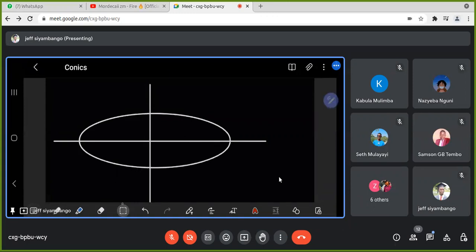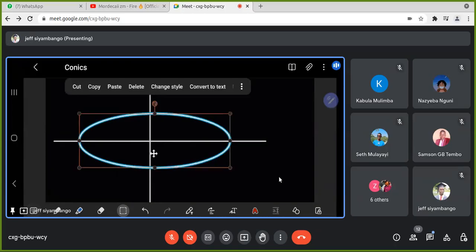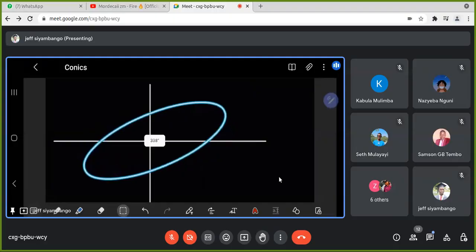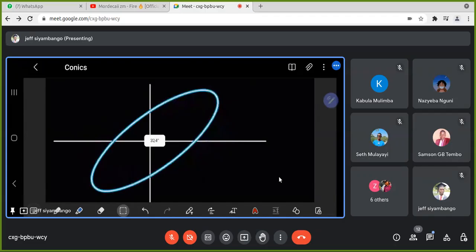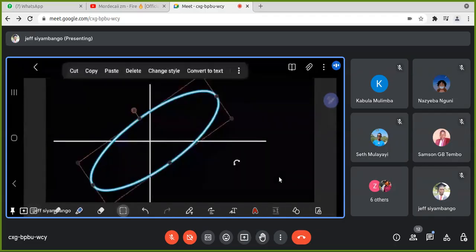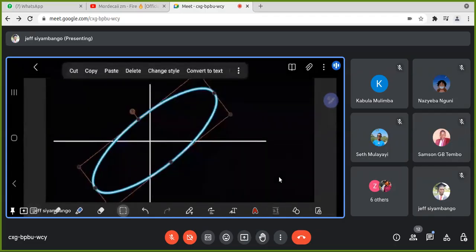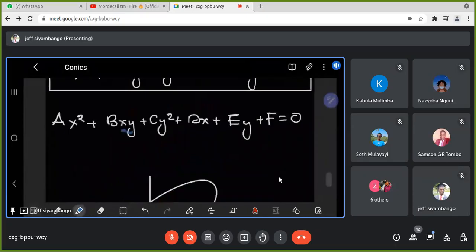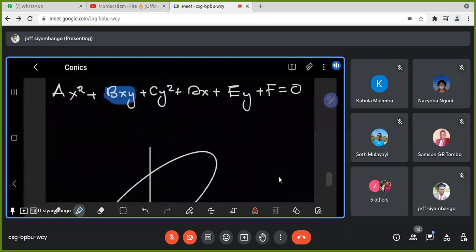But if this ellipse was not flat out like this, what if it was a little bit rotated? Something like, maybe we can even bring it up to somewhere there. Well, it turns out that if this ellipse is now in this form, it will be a little bit difficult to present. Its expression will now have the cross product present, as in if you try to expand its equation, you'd end up with the cross product.